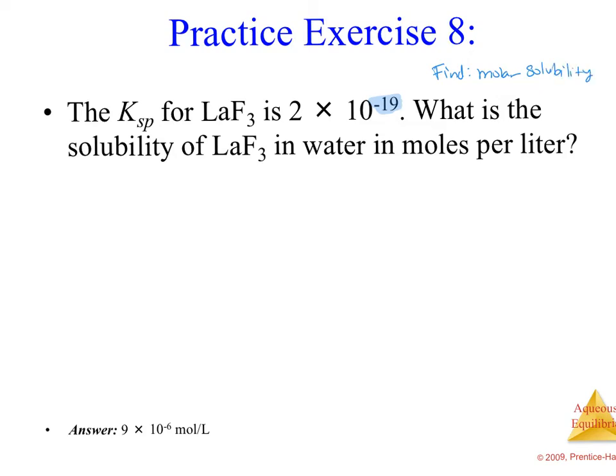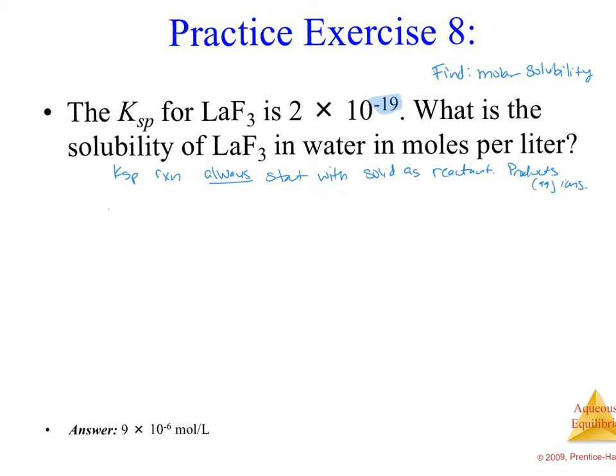Okay, so the very first thing you should do anytime you have a KSP problem is write the reaction. It's important to know for our KSP reactions, you always start with the solid as the reactant and the products are the aqueous ions.